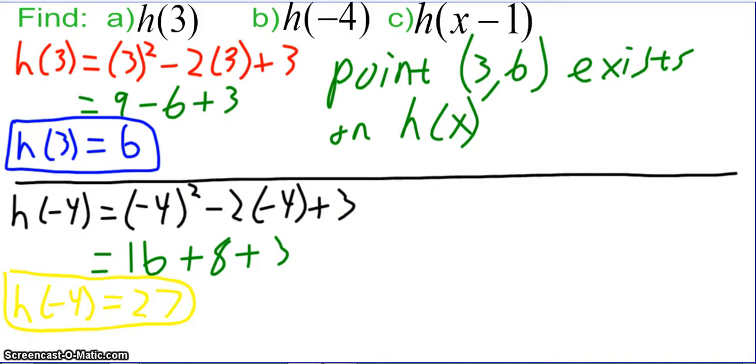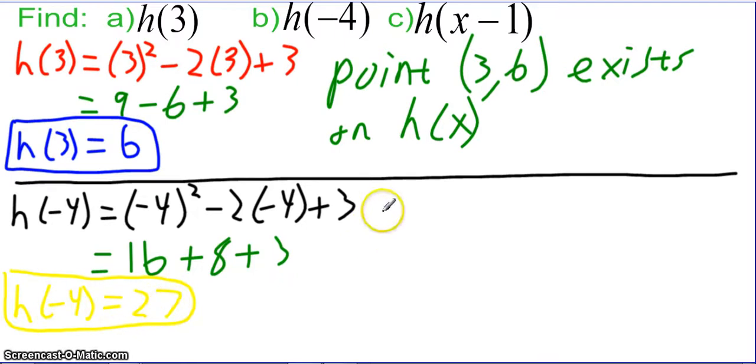For h of negative 4, we're going to do the same thing. Substitute in negative 4 squared minus 2 times the quantity negative 4 plus 3. Again, just be careful that we're substituting in a negative, so we want to put it into parentheses so we understand, in this case, when we're squaring it, that we're going to be squaring the negative. So it becomes positive 16, positive 8, positive 3, add those together. h of negative 4 equals 27.